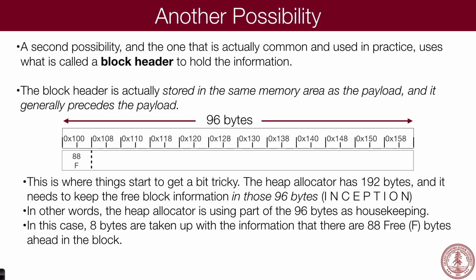Every allocation needs 8 bytes of memory, so it's just not going to be feasible to do very big amounts of things. But normally we have a ton of memory in your block, and you're not going to worry too much about these little 8-byte blocks of overhead. But this is the overhead part we're talking about. 8 bytes are taken up with the information that there are 88 free bytes in the block. That's what this means: 88 and then F for free.